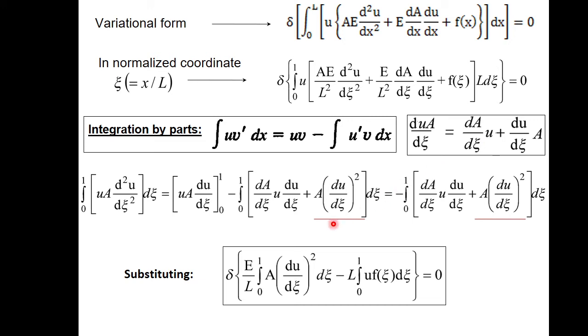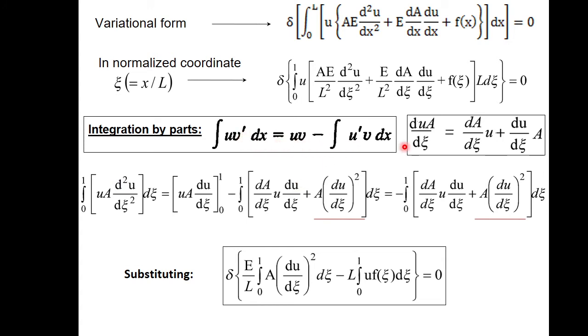So this is multiplied by our u prime into v. U prime into v means here we have a du by dxi. This is the integral of that.